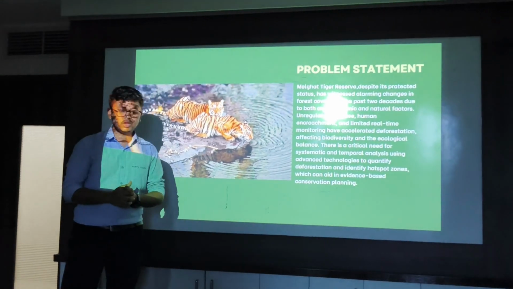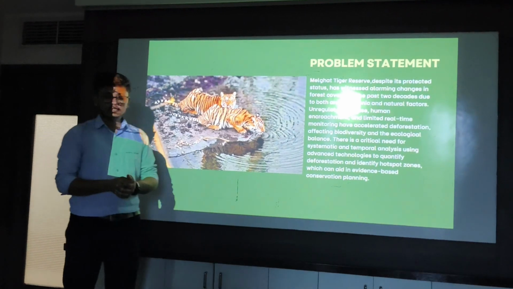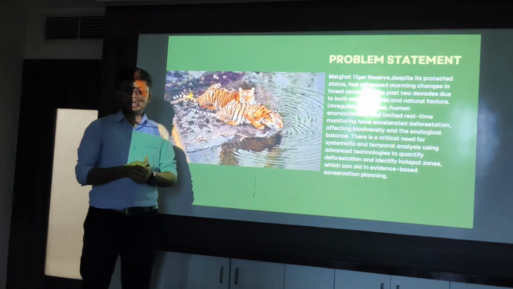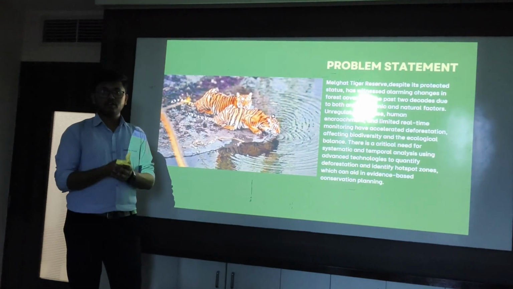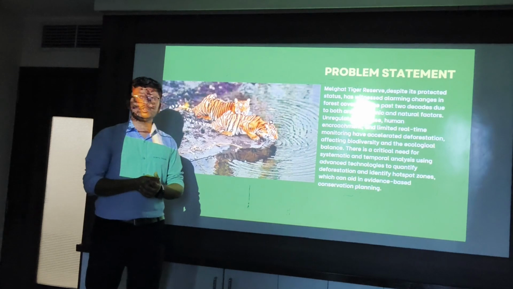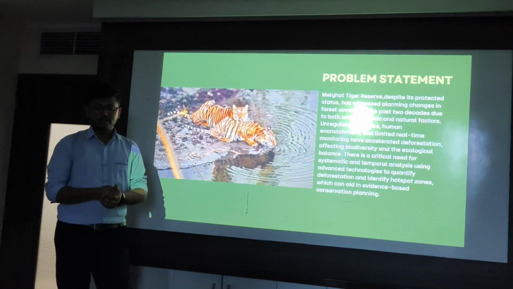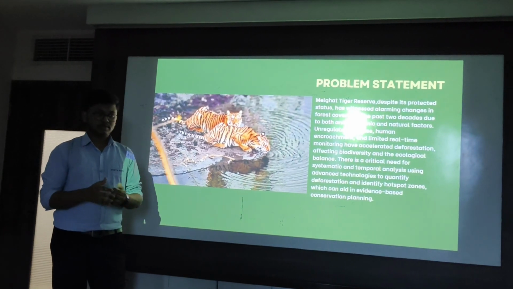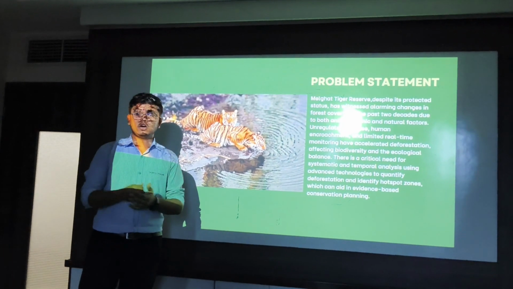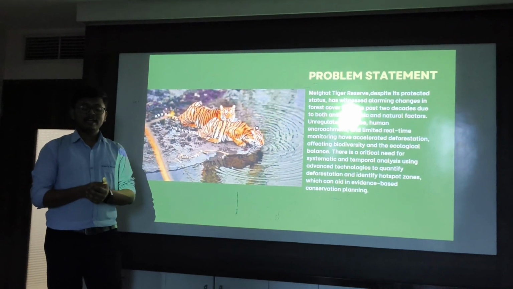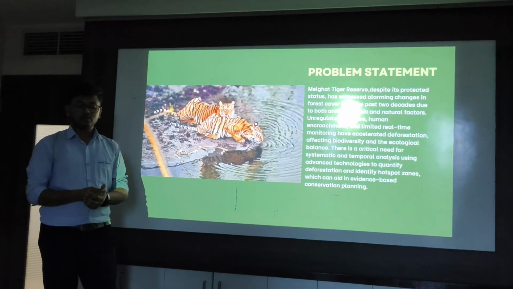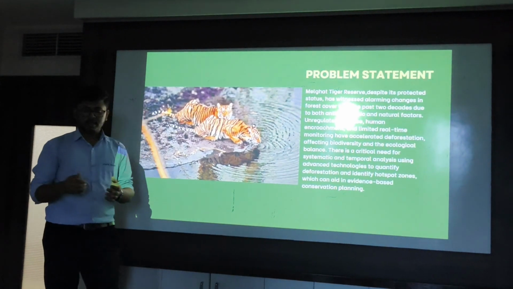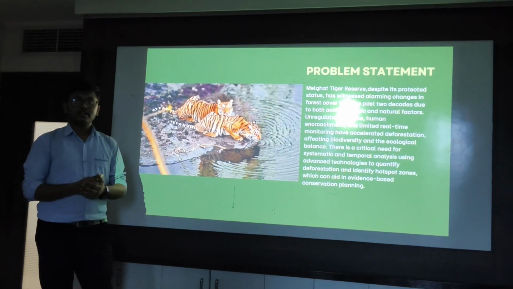The problem statement we got is, despite being a protected area, the Melghat Tiger Reserve has experienced a significant forest cover loss during 2001 to 2025. The reasons behind that are unregulated land use and human encroachment, as well as many other human interventions.